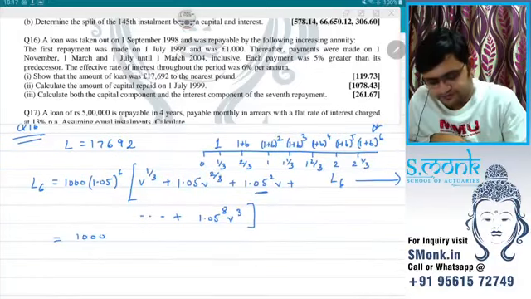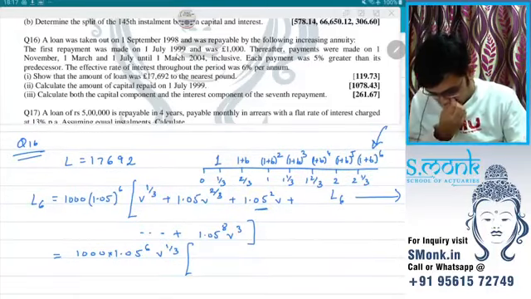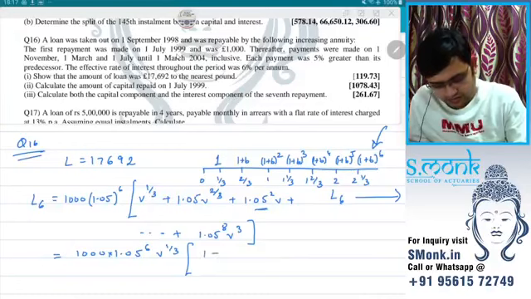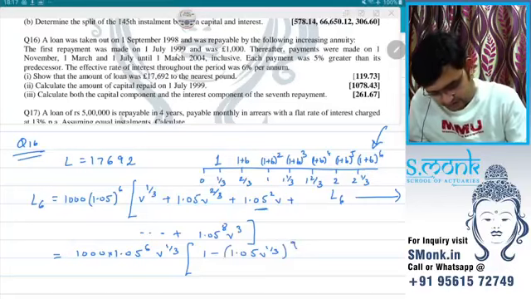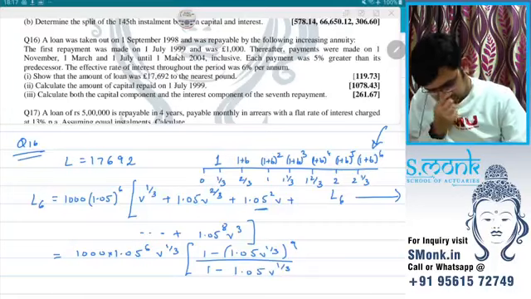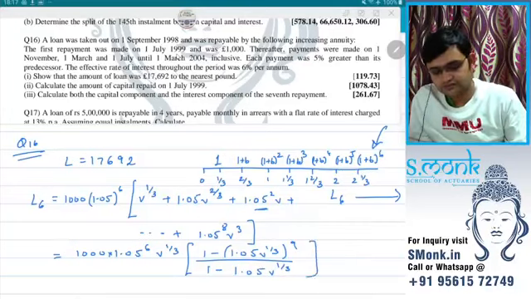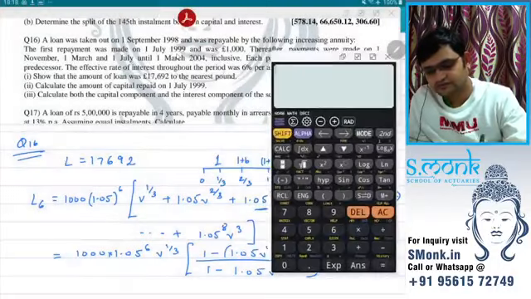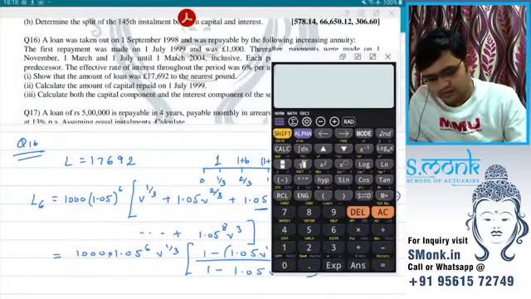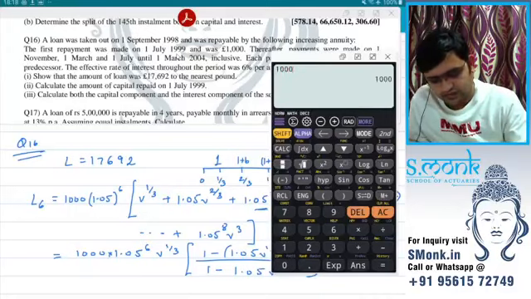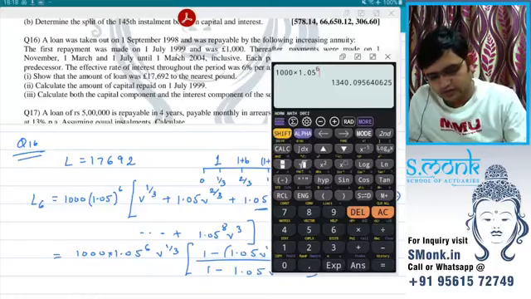We'll have 1000, 1.05 raised to 6, v raised to 1 by 3, and GP. We have 9 payments. 1 minus 1.05, v raised to 1 by 3 raised to 9, upon 1 minus 1.05, v raised to 1 by 3.